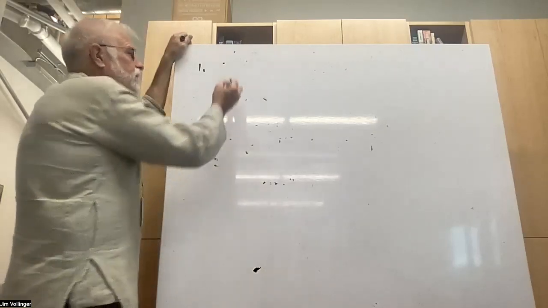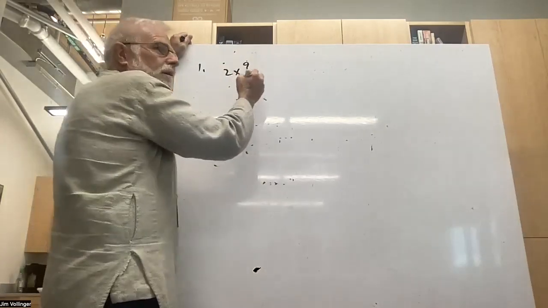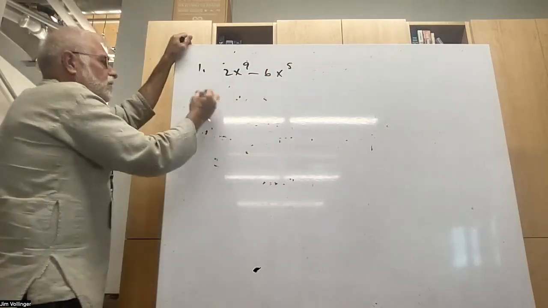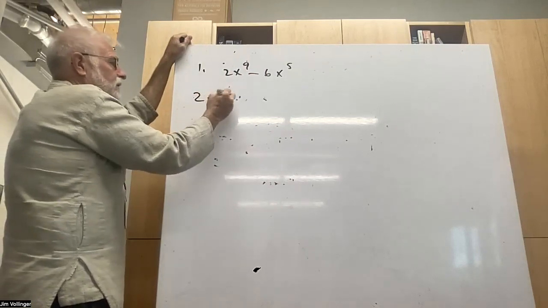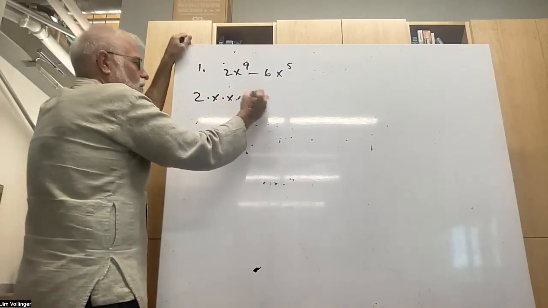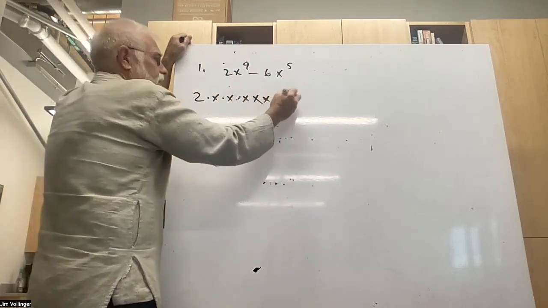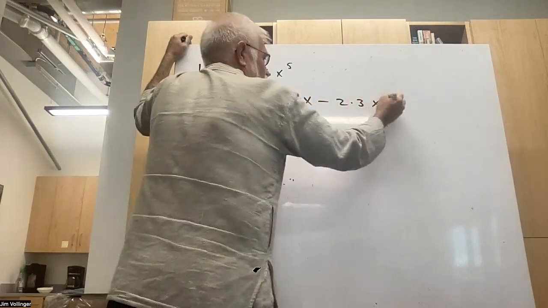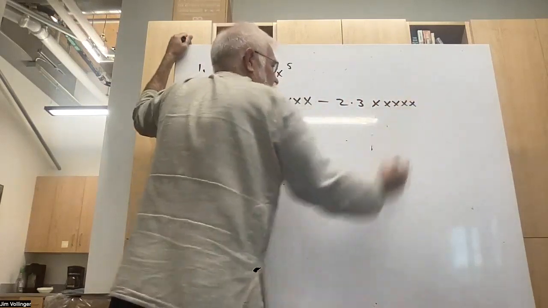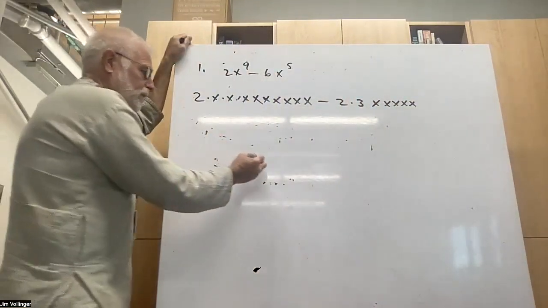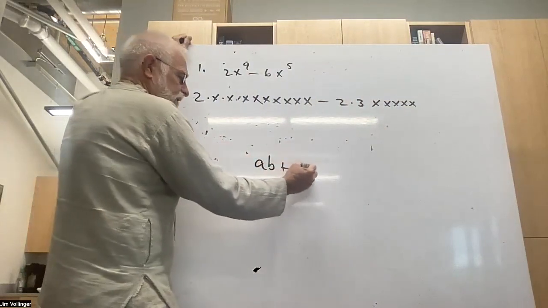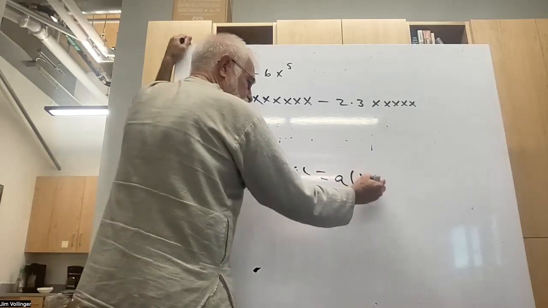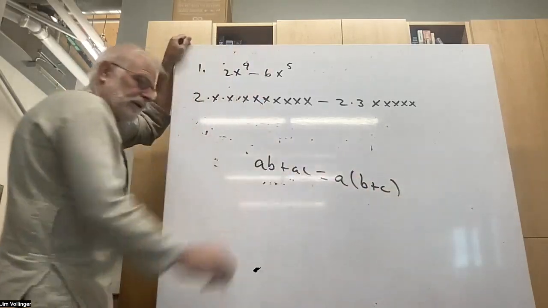So 2x to the 9th minus 6x to the 5th. Well, that could be done as 2 times x to the 9th, minus 2 times 3 times x to the 5th. Right? And I hope in your pre-algebra, AB plus AC, you knew that you can take out an A and create that as a product, right?